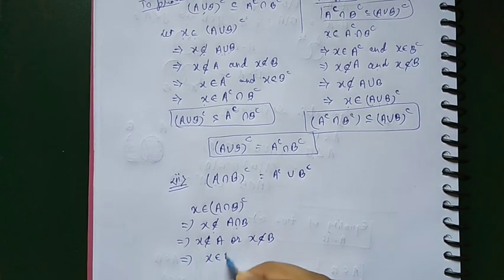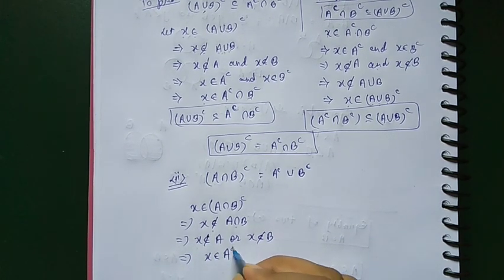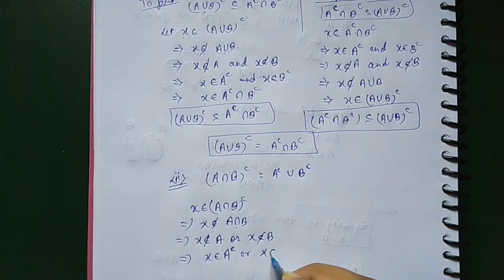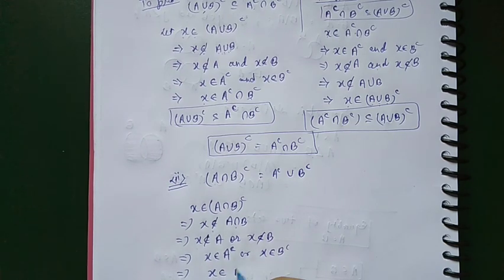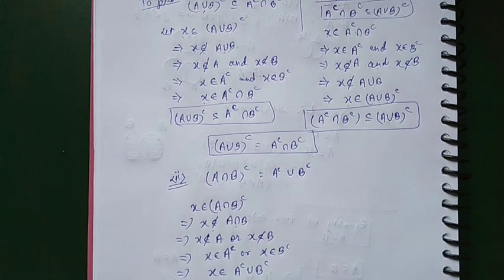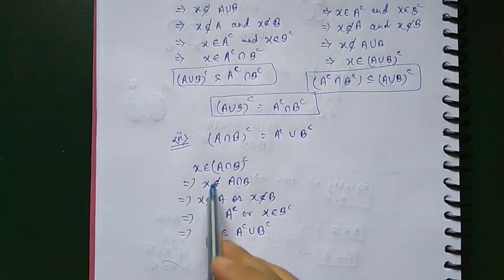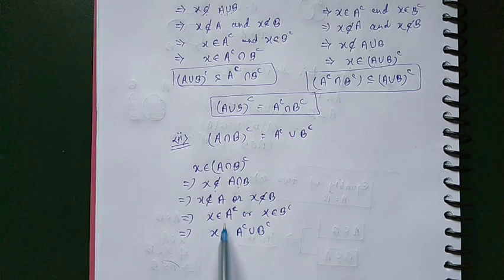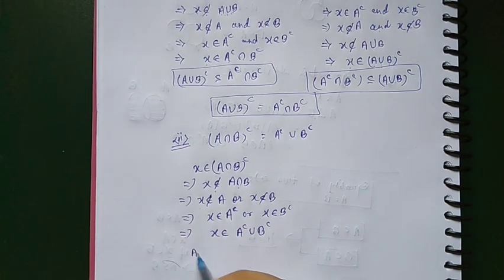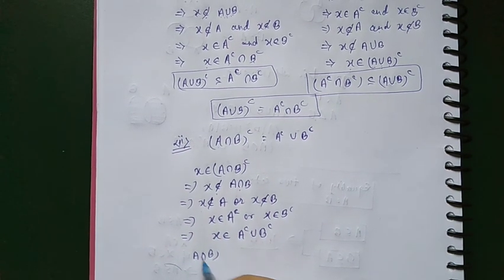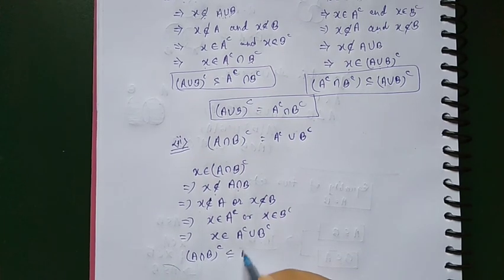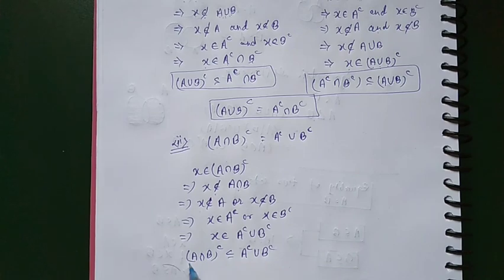This will imply X belongs to A complement or X belongs to B complement. Here it is OR, so we will use union. X belongs to A complement union B complement. So by these two steps we can imply that A intersection B whole complement is a subset of A complement union B complement.